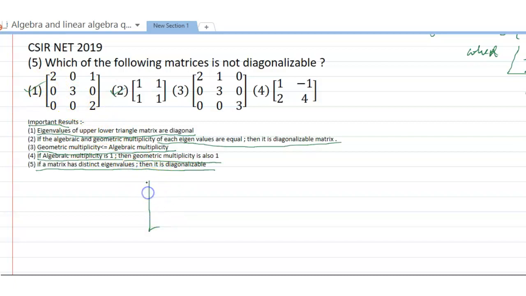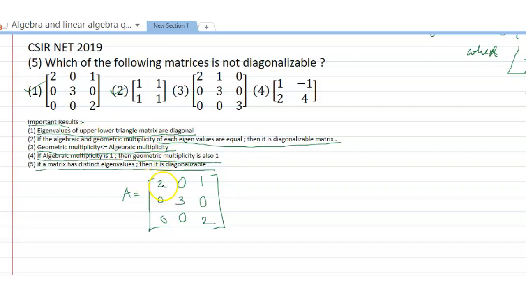My first matrix is 2 0 0, 0 3 0, 1 0 2. This is my first matrix, friends, and I call this A. You see that for upper and lower triangular matrices, the eigenvalues are the diagonal entries.